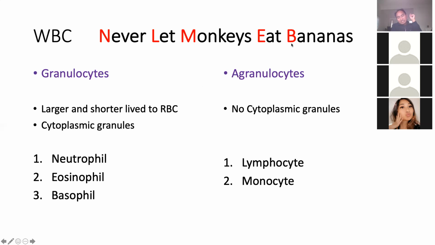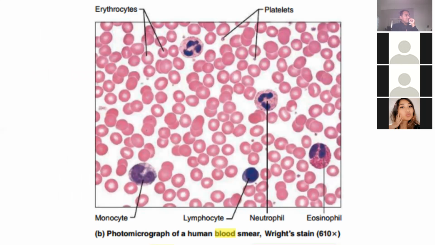If you do not see basophil, don't worry about that, because basophil is the least common blood cell in our body. Did we see any basophil here? No. Why is that? Because it is the least common. Among 5, we see 2.